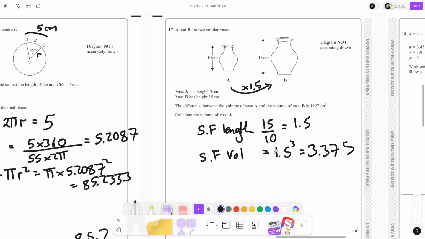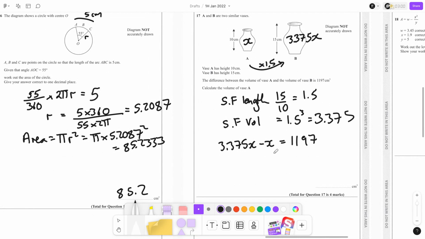So we've got to say, okay, well, imagine that volume is x, then this volume is 3.375 times x, and then the difference, 3.375x minus x, has got to equal 1197, which means 2.375x equals 1197, means x equals 504 centimeters cubed.